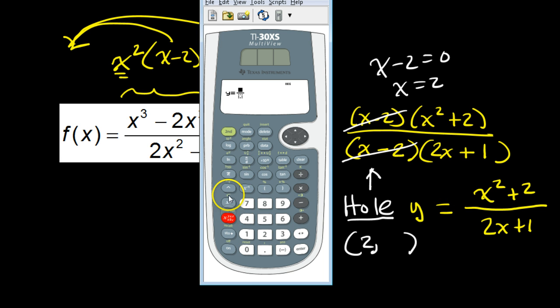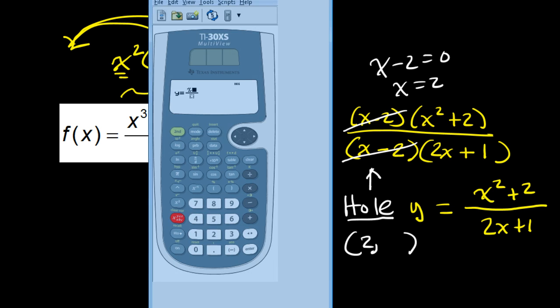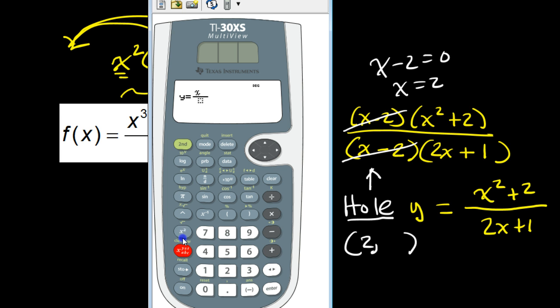So I've got x squared plus 2 over 2x plus 1. I'm going to leave this in Ask X mode.